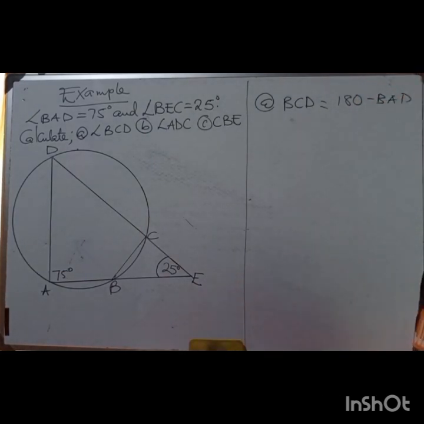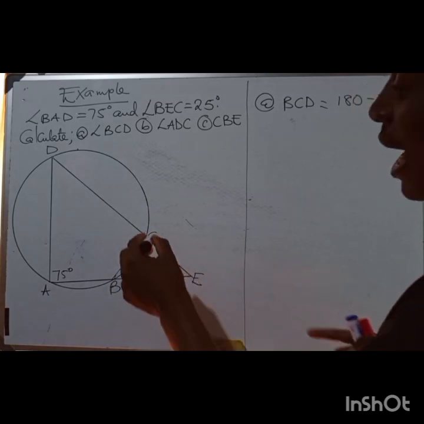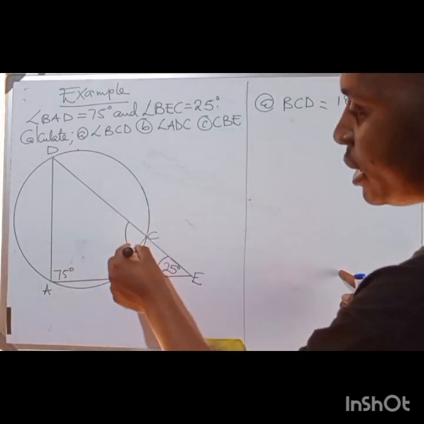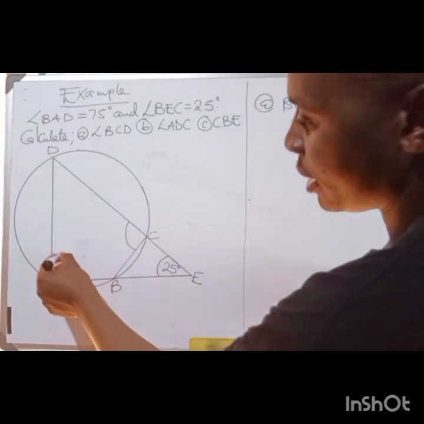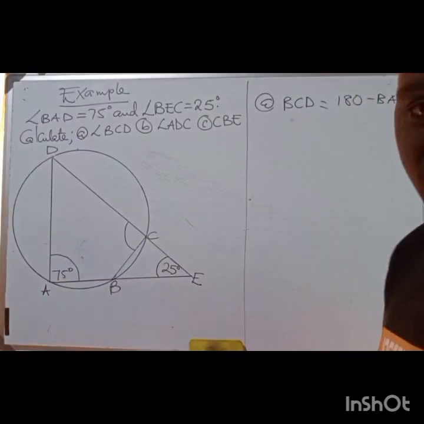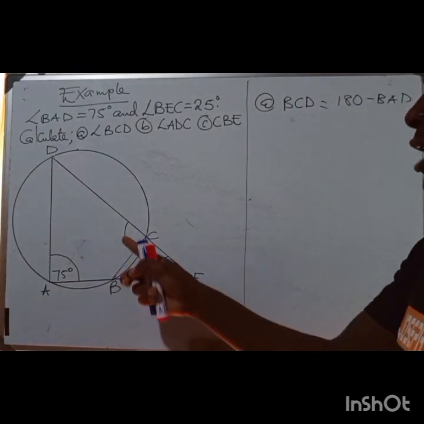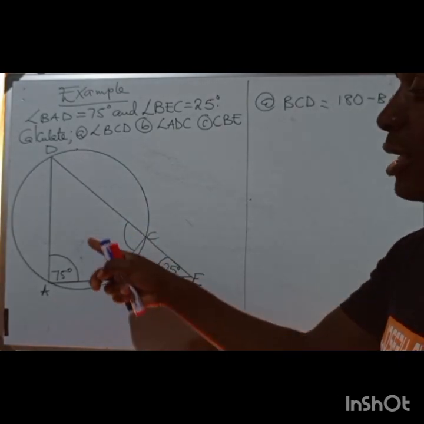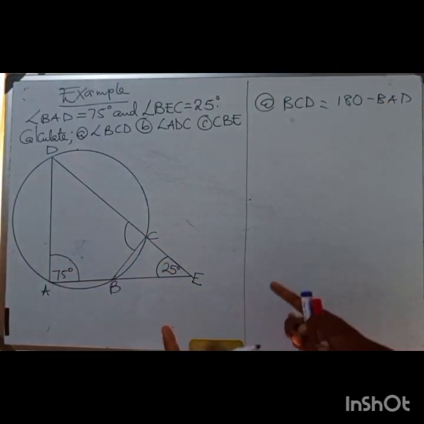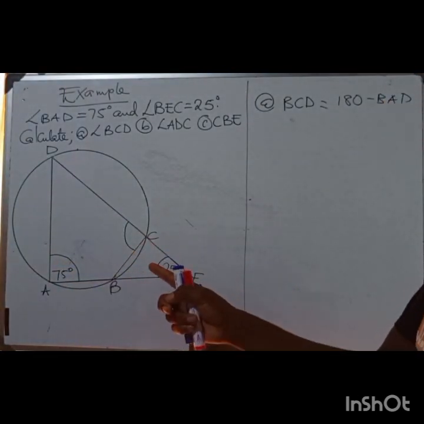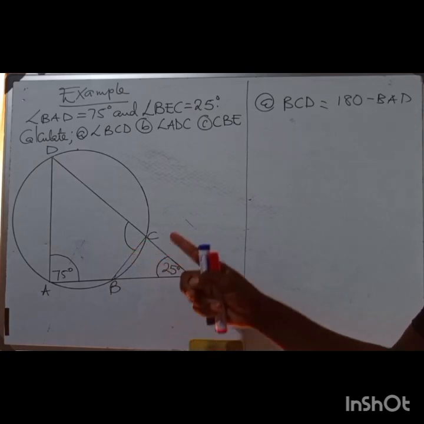Why? If I add angle BCD with this angle, I'll get 180. So to find this angle, you are going to say 180 minus this. The reason behind this is that we looked at it in our previous section in the same video.